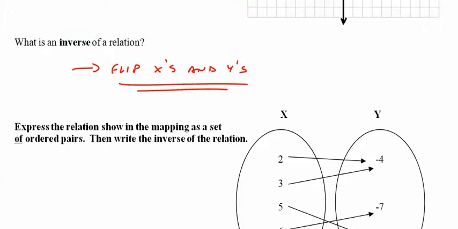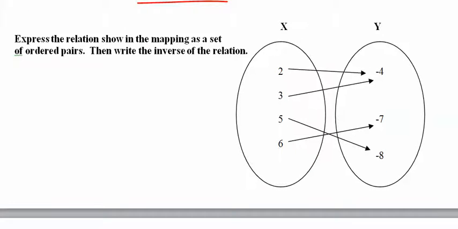So just a little bit more practice. Express the relations as a set of ordered pairs. So it would be, don't need my squiggles now, (2, -4), (3, -4), (5, -8), and (6, -7). Inverse would be flipping them.